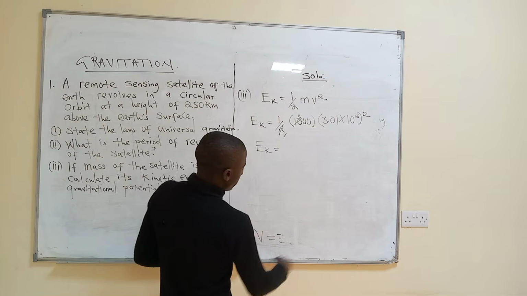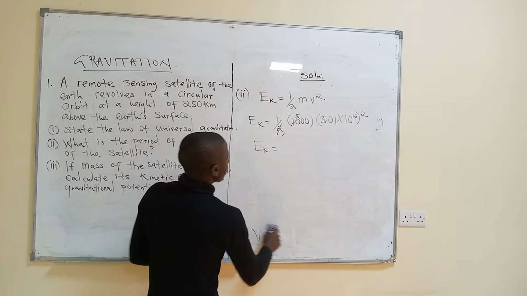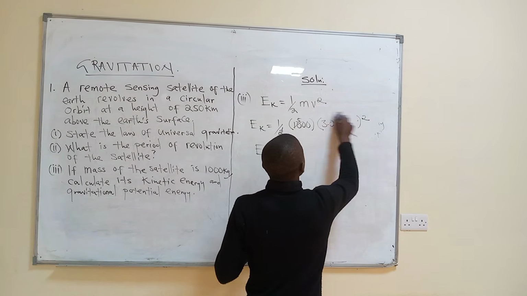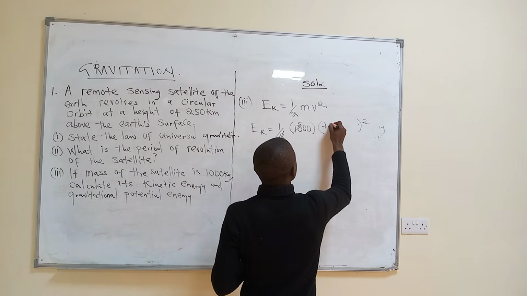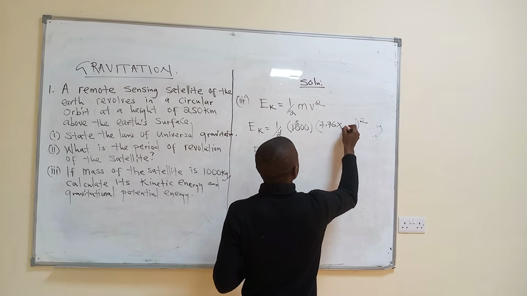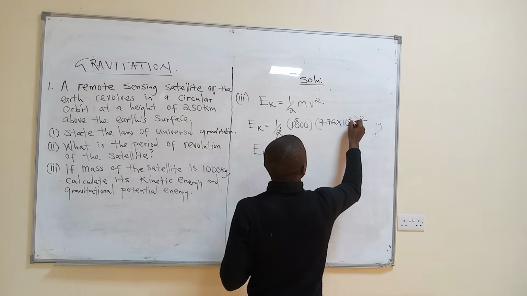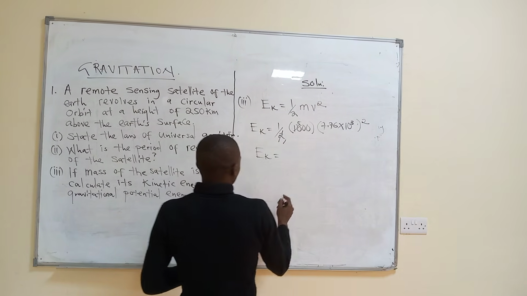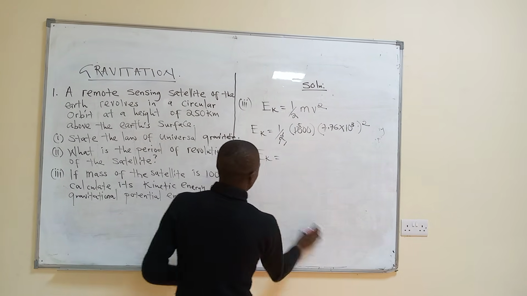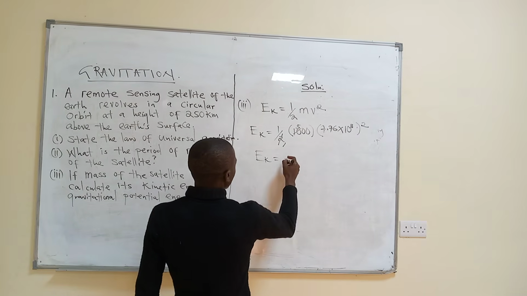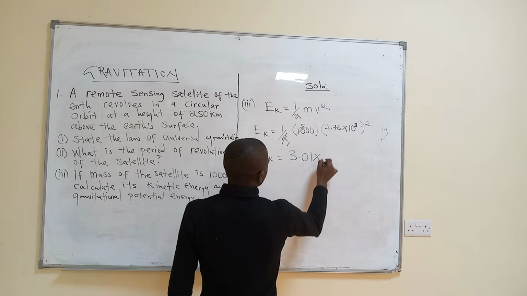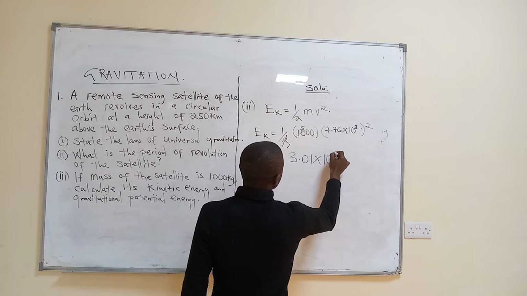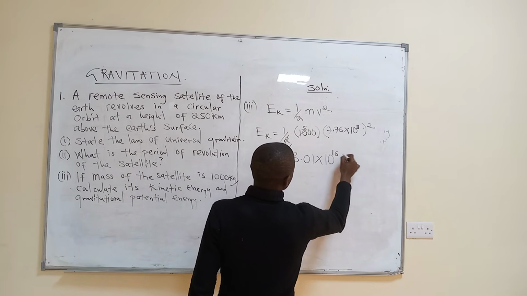So I think when calculating the velocity, it was supposed to be 7.76 times 10 to the power 3 meters per second. If you punch everything, the final kinetic energy was 3.01 times 10 to the power 16 joules.